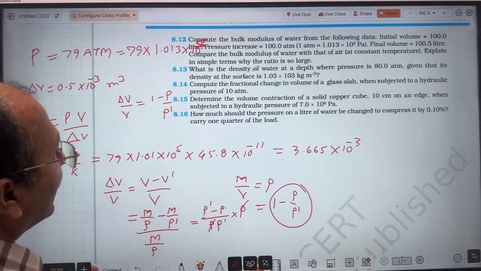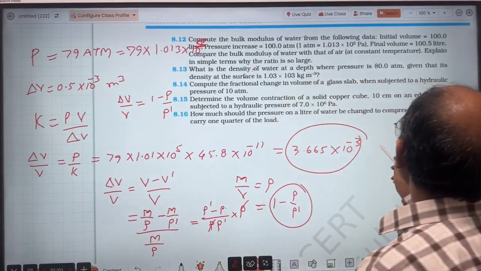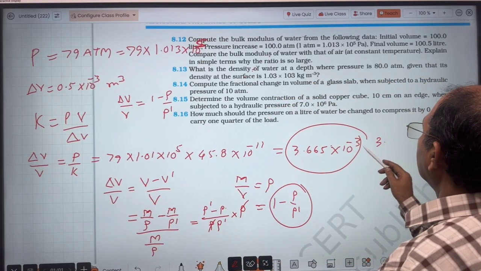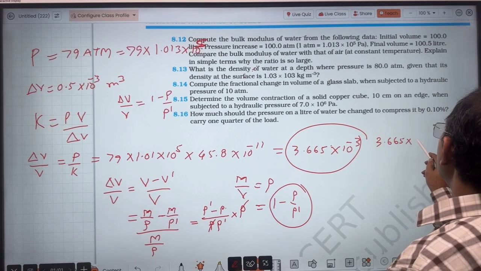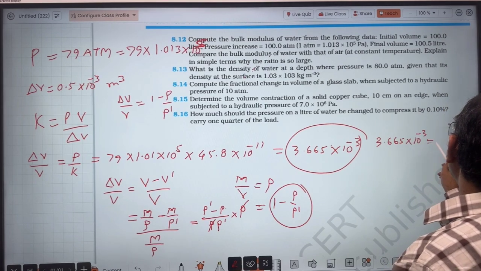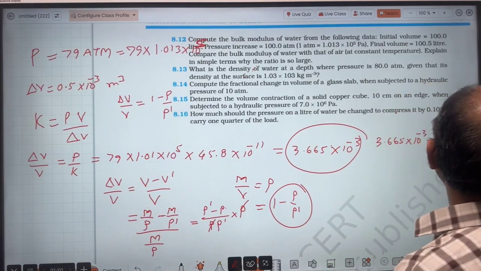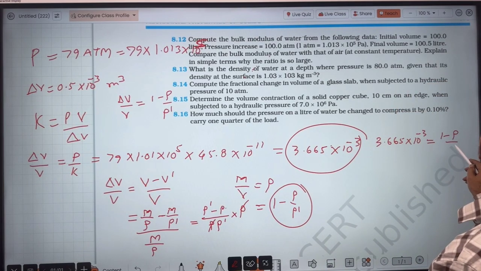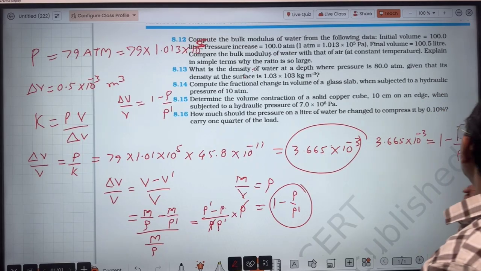But delta V upon V we have already evaluated, so we write that value here: 3.665 into 10 to the power minus 3 equals 1 minus rho upon rho dash.